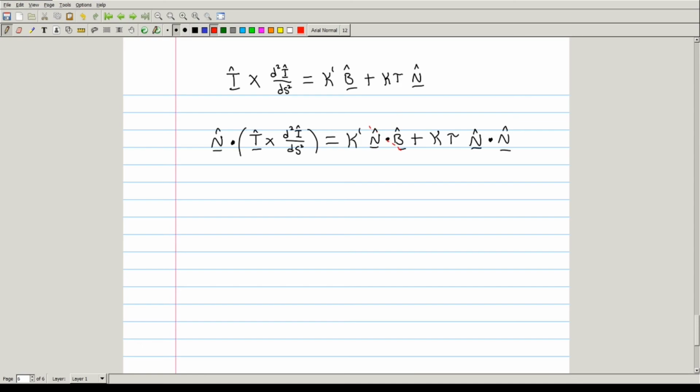And n hat dot with b hat goes to 0 because the dot product is 0, and n hat is a unit normal vector, so this goes to 1.